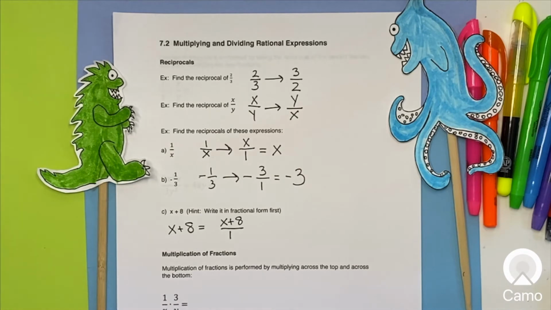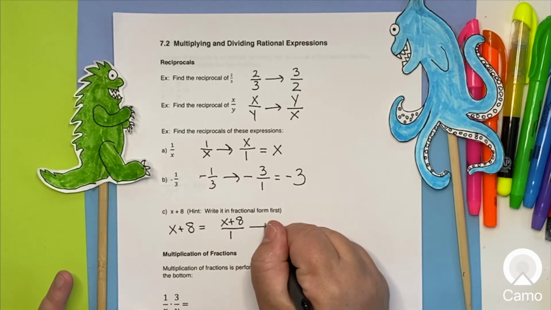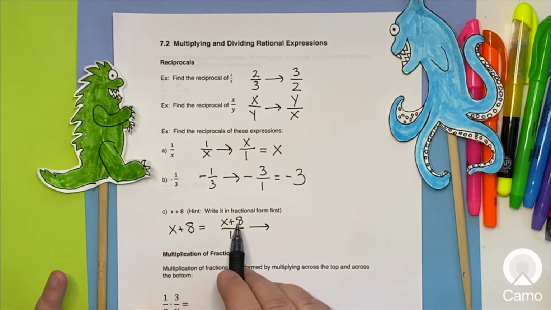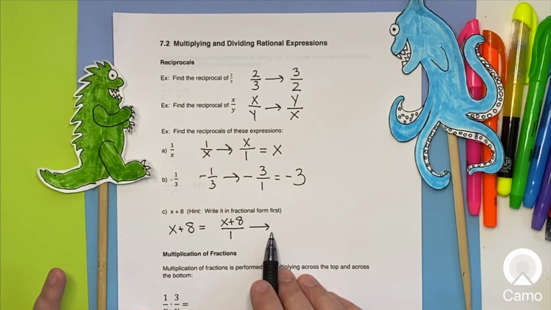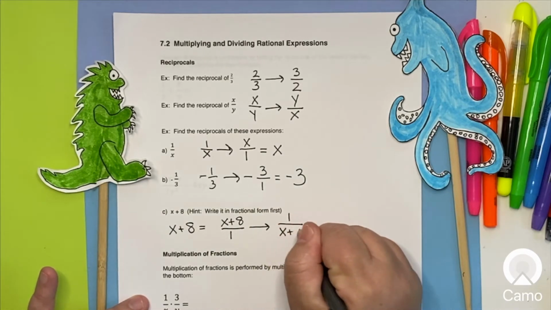So I'm going to take the whole expression, write it over 1. This is always legal. You can put anything over 1 if you would like it. Even 0 goes up over 1. And then, notice these two are equal. Then I'm going to write it as the reciprocal, 1 over x plus 8.